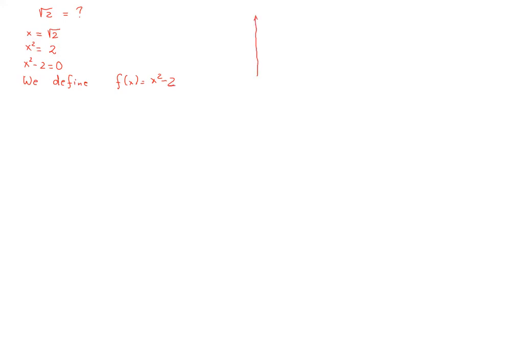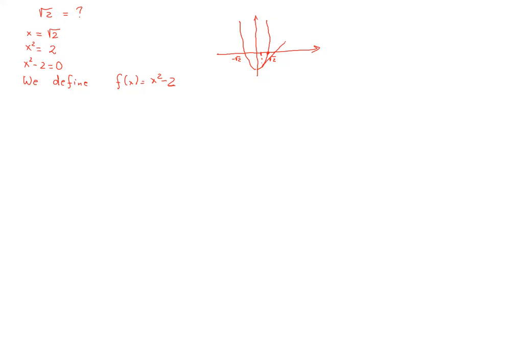Now, here's where things become interesting, but you will see at the same time they're not really problematic. You can already predict what this graph will look like. It's a parabola, right? So it looks like this. It intersects at 2 points, at square root of 2 and at negative square root of 2. If you take any initial point x naught which belongs to the positive part of the x-axis, you can see from the pictures that it's going to take you closer and closer to the square root of 2.